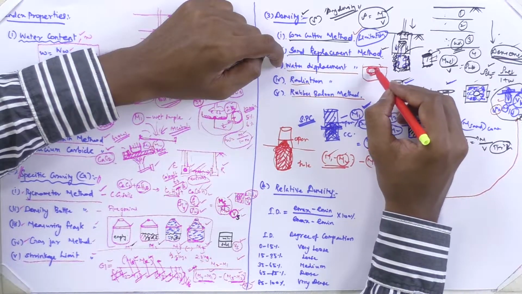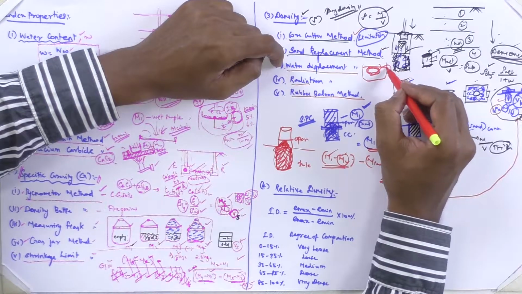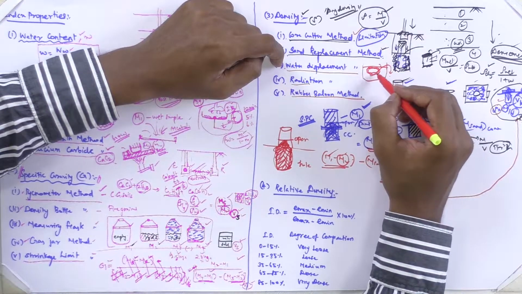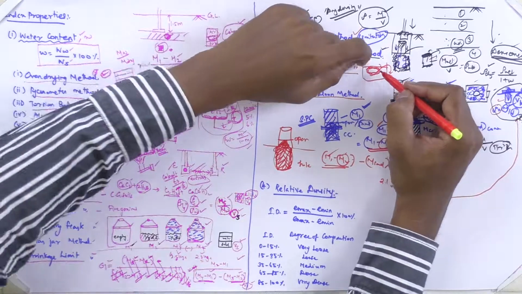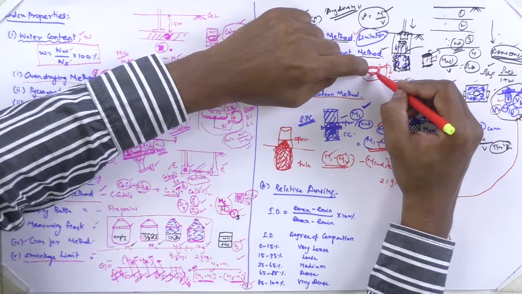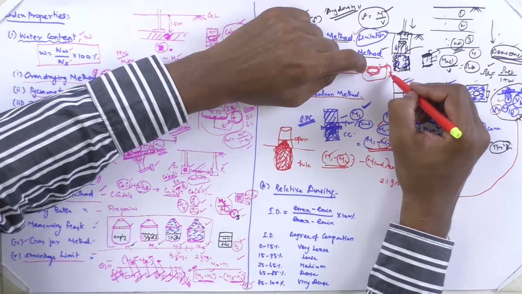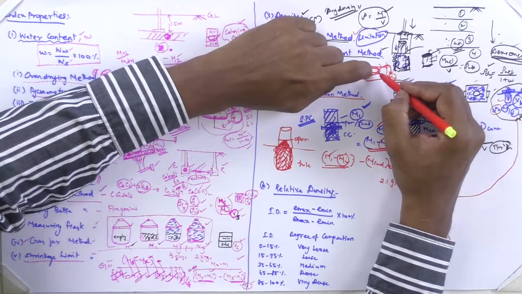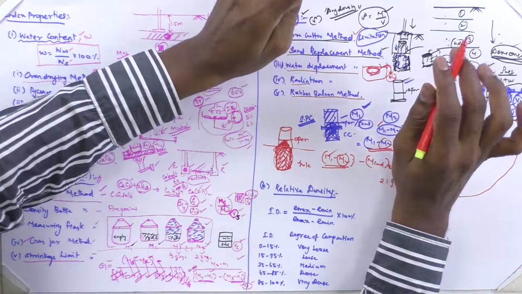So an equivalent volume of water got spilled. So you get to know the volume of this irregular shape. If it is a regular shape, you can easily find the volume, but it is an irregular shape, so the volume of water spilled is used to find this value, very simple.